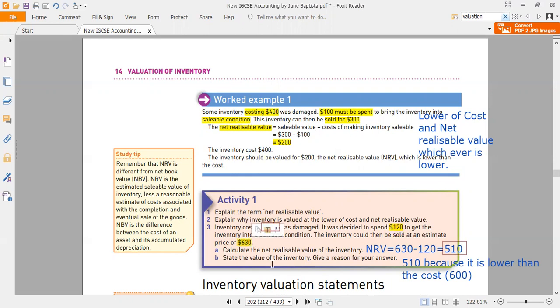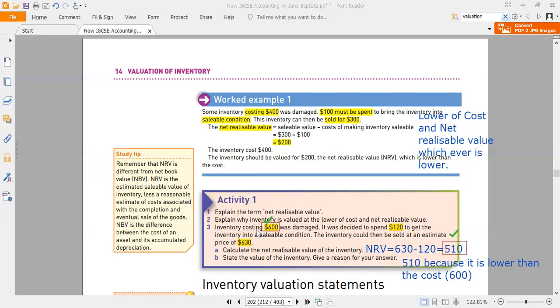So what will you do? 630 minus 120 is 510. So 510 is the net realizable value, and your cost is 600. When you compare, you find that 510 is lower than the cost. So you will record at the lower one.